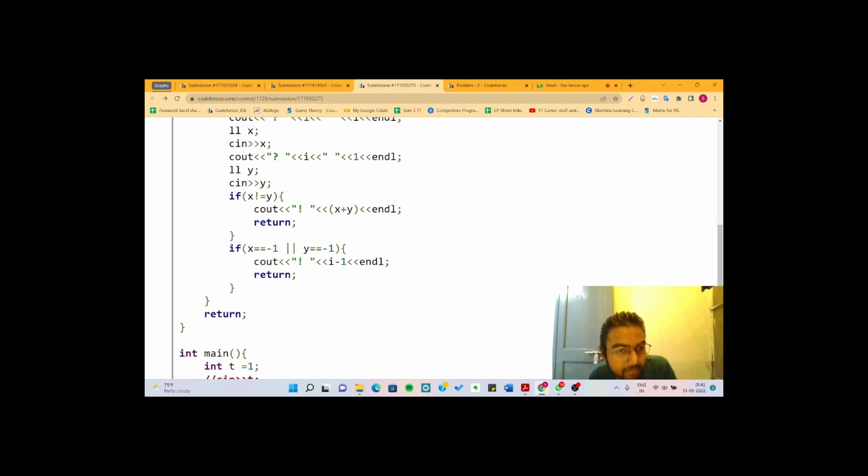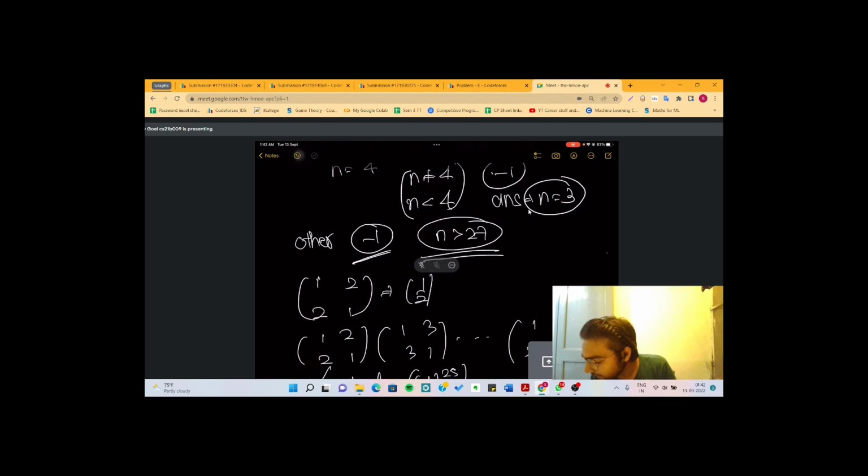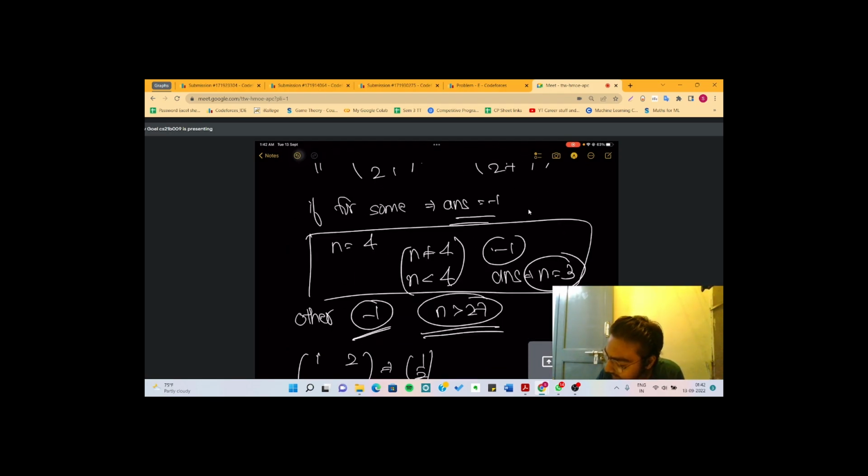If either of them is minus 1, like the first case I discussed here, that is if n is less than or equal to 27, then in such a case we'll just output i minus 1.